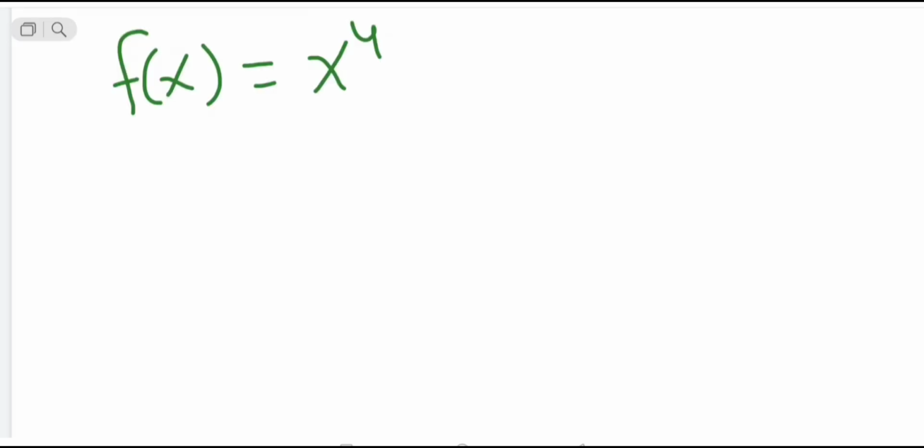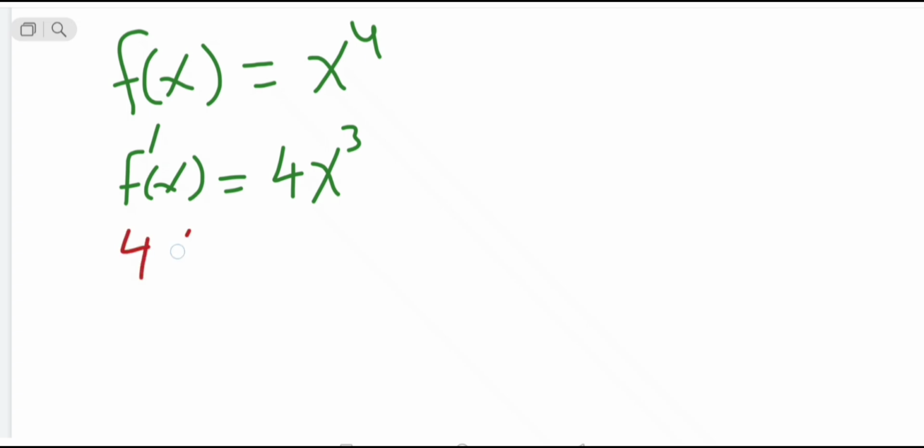Okay, now the third thing, the point of inflection. To find the point of inflection, we will solve one more example. Look at this question. We take the first derivative to find the stationary point, which is 4x to the power 3. I put the first derivative equal to 0: 4x^3 equals 0, so x^3 equals 0 over 4, which is 0.